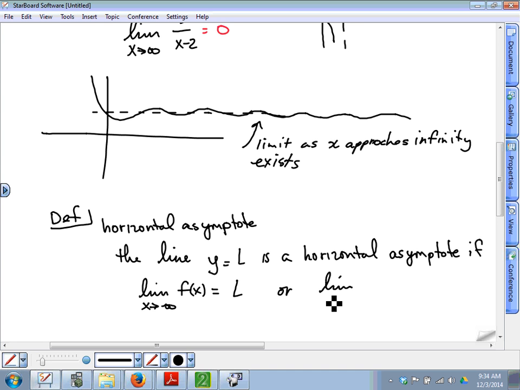The limit as x approaches positive infinity of f of x is equal to that horizontal line L.